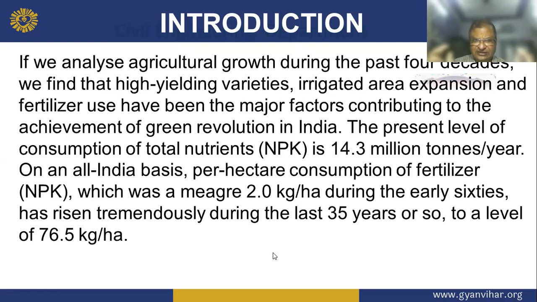If we analyze agricultural growth during the past 4 decades, we find that high-yielding varieties, irrigated area expansion, and fertilizer use have been major factors contributing to the achievement of the green revolution in India.